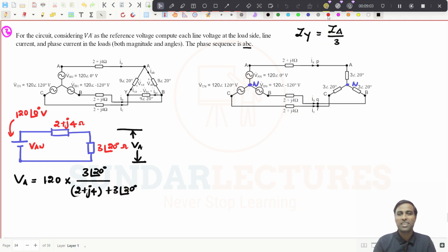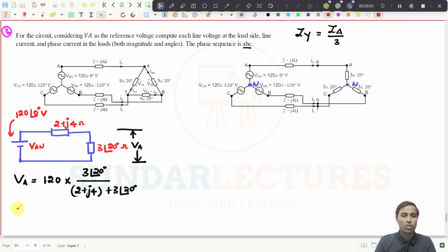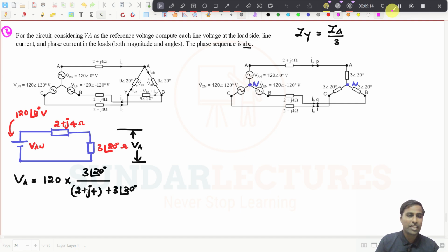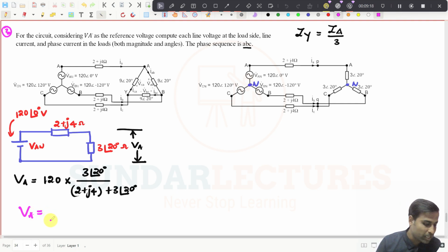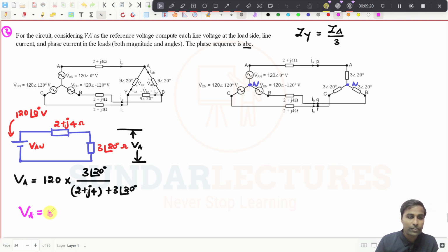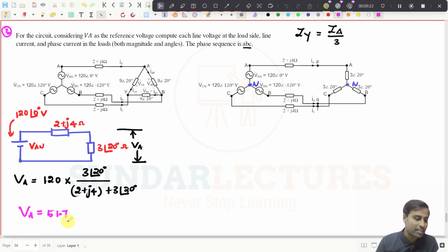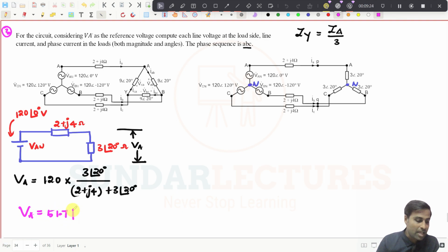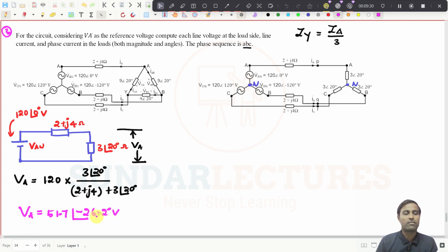So this is the load side phase voltage that I am getting. If I simplify this value, I am getting VA to be 51.7 at an angle of minus 26.2 degrees volt.